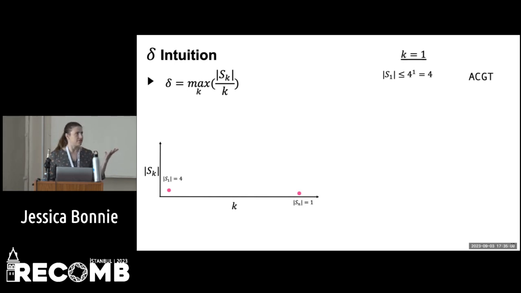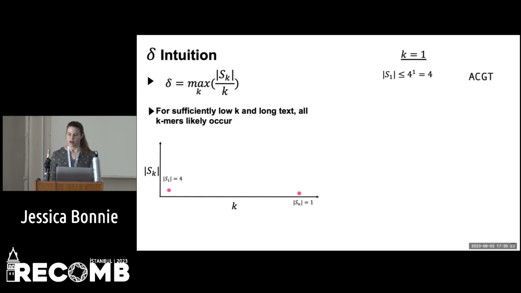And so what happens after that? What if k were equal to 2? Given the size and complexity of genomics data, we can make a pretty strong assumption that our sequence might contain all possible length 2 combinations of our alphabet.